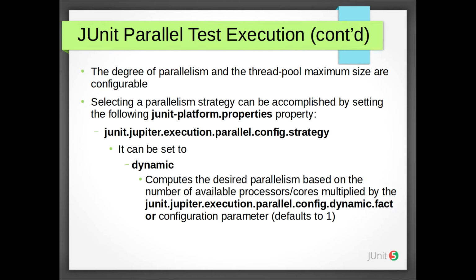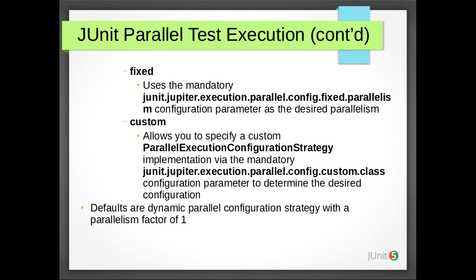Let us continue. Another value that can be assigned is fixed, and I'm going to give you 10 seconds to write it out. Fixed. Using this value uses the mandatory junit.jupiter.execution.parallel.config.fixed.parallelism configuration parameter to set the desired degree of parallelism.